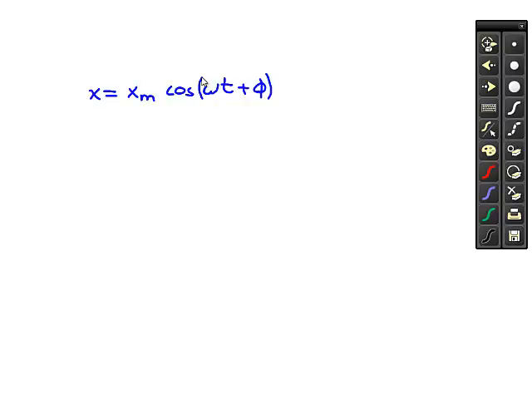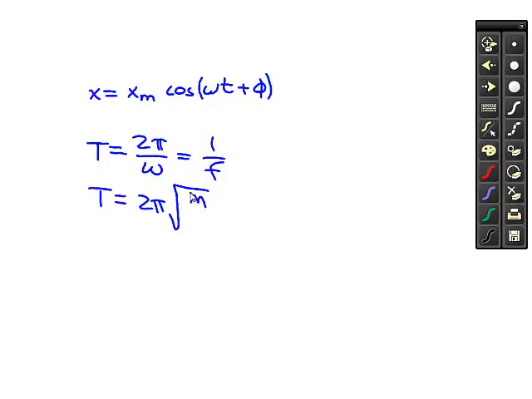So just like our book, they use a cosine for that oscillator. They've got T equals 2 pi over omega equals 1 over f. They've got T for a simple harmonic oscillator is 2 pi square root of m over k. They've got T for a simple pendulum is 2 pi square root of L over g.